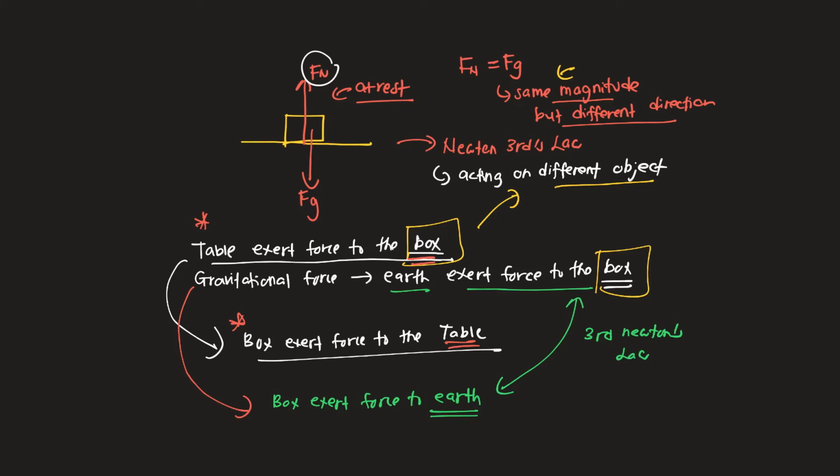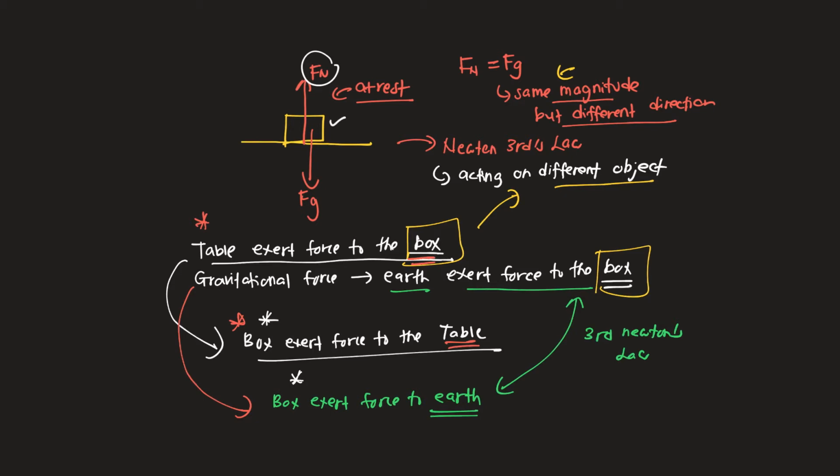But when it comes to the calculation, mostly we are going to find the force exerted on the main character. That's the reason why we don't have to draw the directions for the box exerting force to the box and the box exerting force to the Earth, because the main character now is the box.